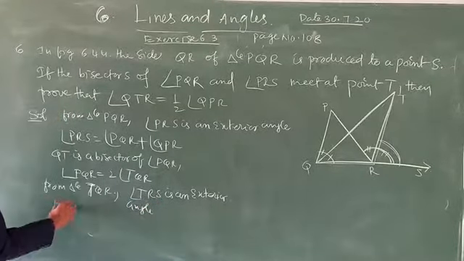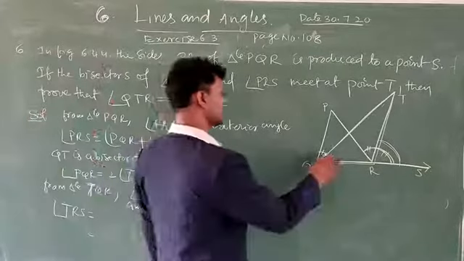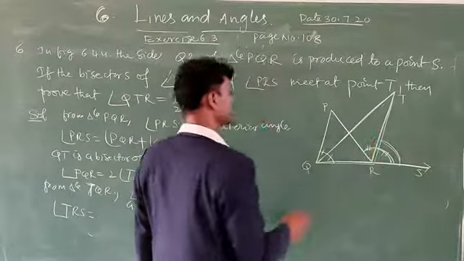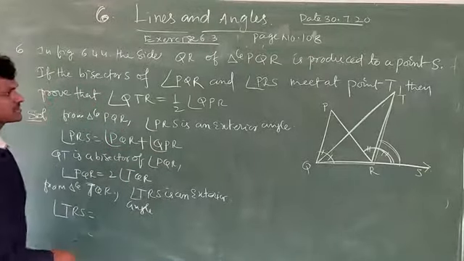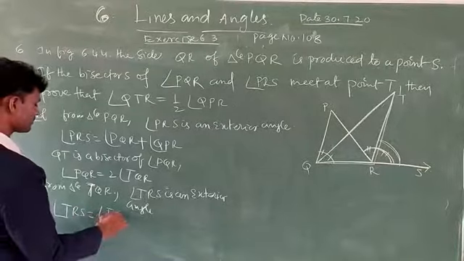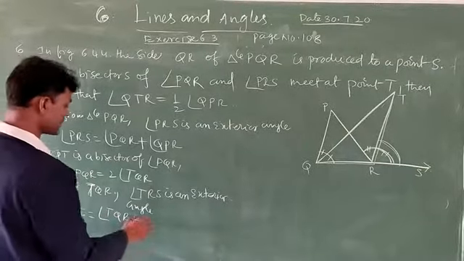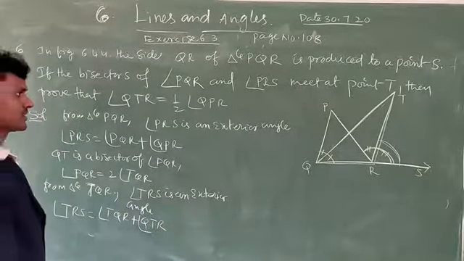Then angle TRS is equal to the sum of these two angles. Which two angles? Angle TRS is equal to angle TQR plus angle QTR.